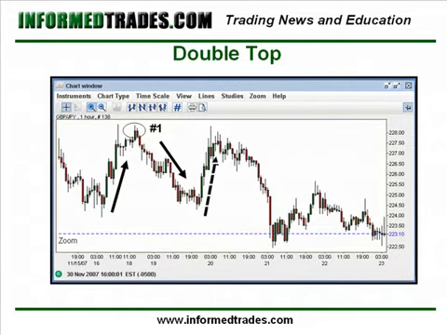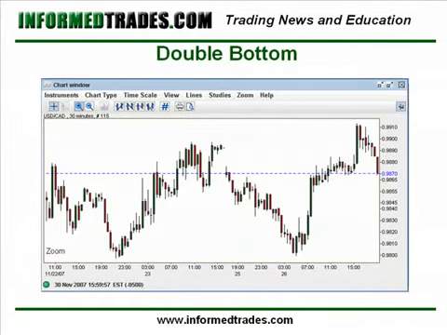And then buyers taking back over to make a second run at the same level before losing out to sellers again. And the theory goes that after losing out to the sellers twice, the buyers aren't going to step back in, and therefore price should sell off rather dramatically from there.